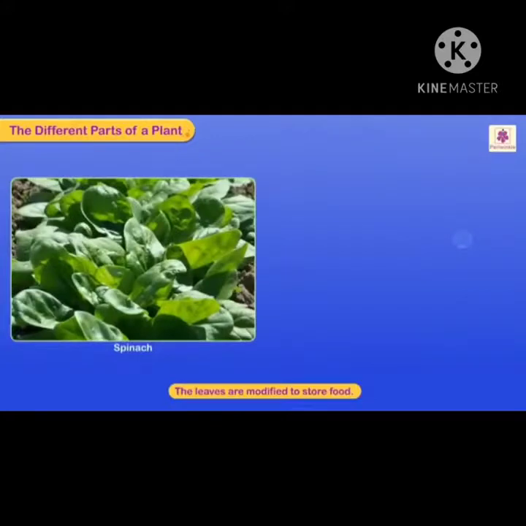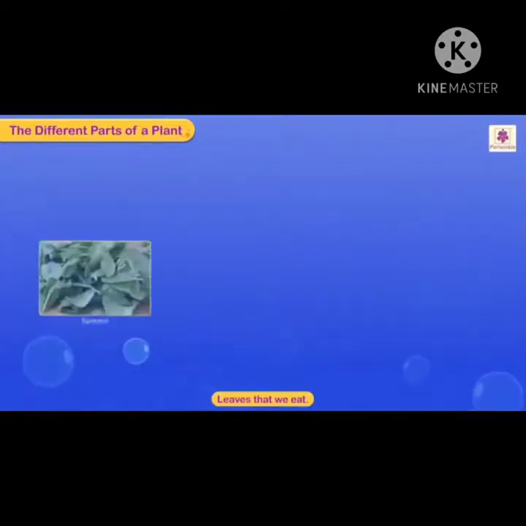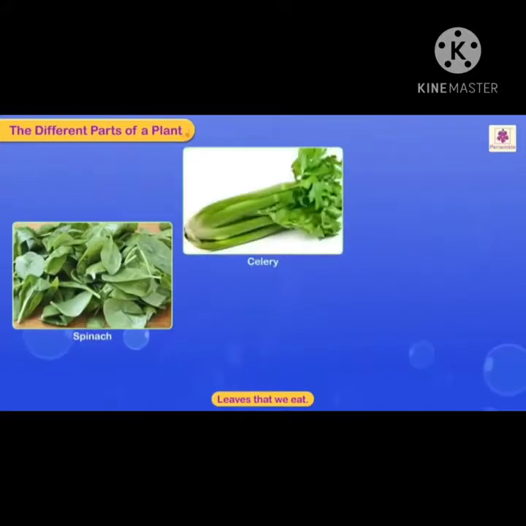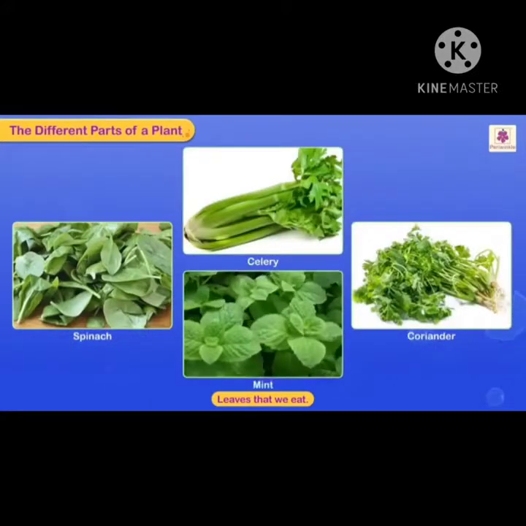In some plants, the leaves are modified in order to store food. Spinach, celery, coriander, and mint are some leaves that we eat.